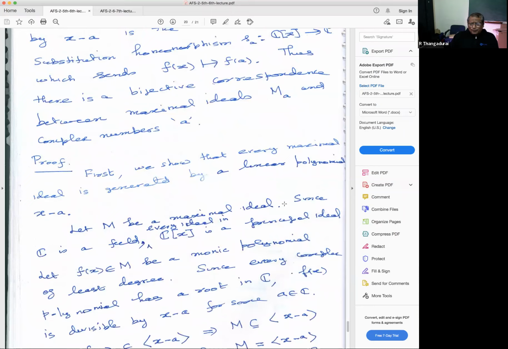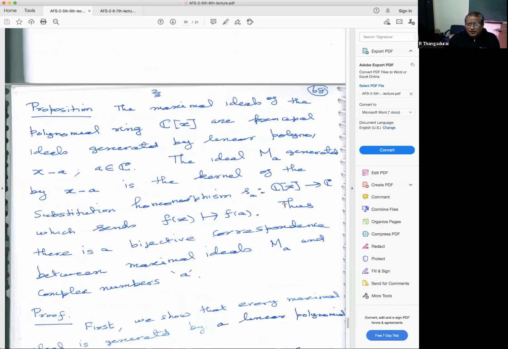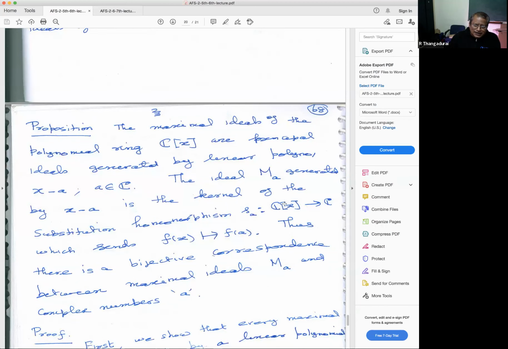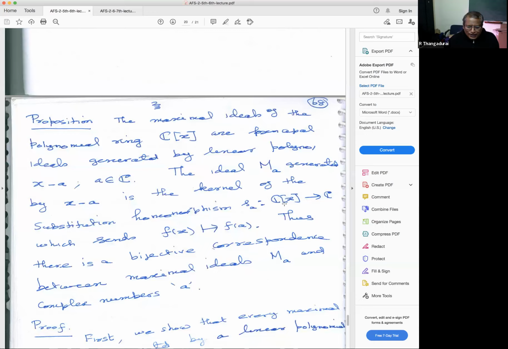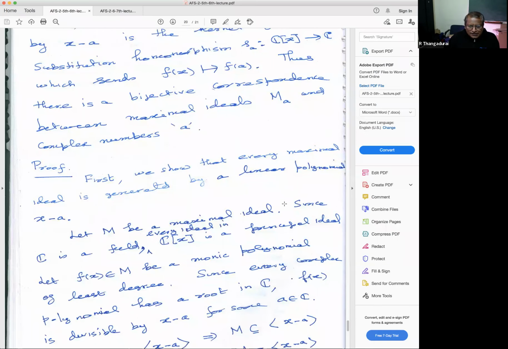Okay, what do we have to prove? First, we have to prove that every maximal ideal is generated by a linear polynomial. Okay, let us do it. Let M be a maximal ideal. Since we already know that C is a field, every ideal in C[x] is a principal ideal.